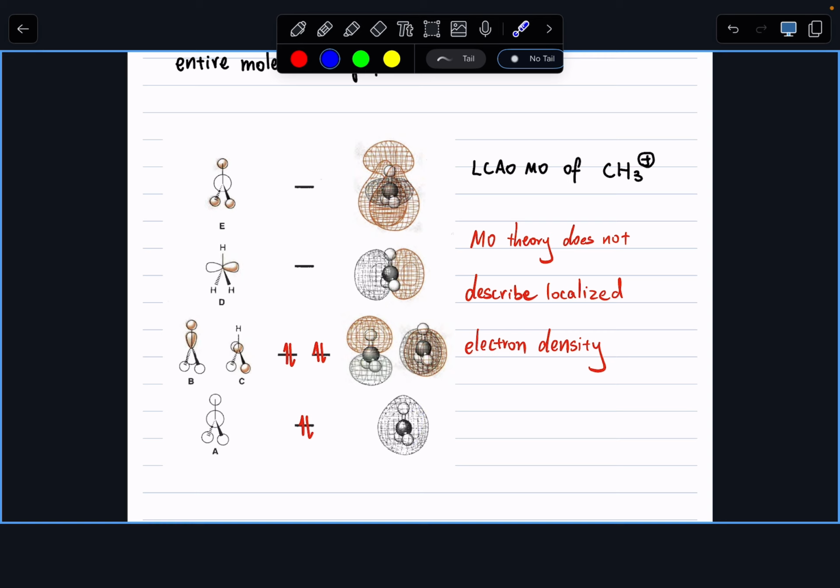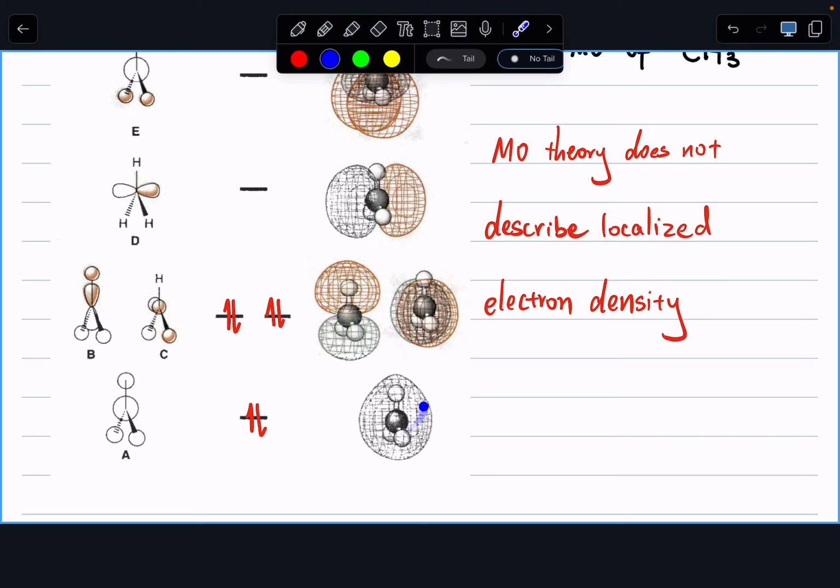Even if we're looking at CH3 plus, you're expecting 3 CH sigma bonds. But in reality, you're getting something like these. They're all delocalized over the entire molecule. So that's why LCAO-MO itself, despite its usefulness, we're not going to use very often in this class. But I still want you to know that's the theory behind the molecular orbital.